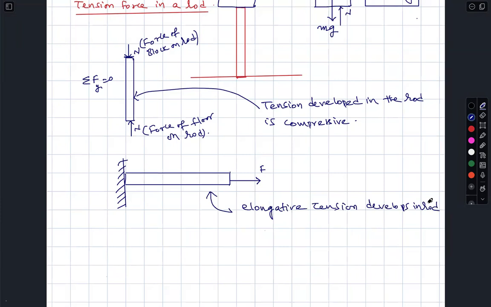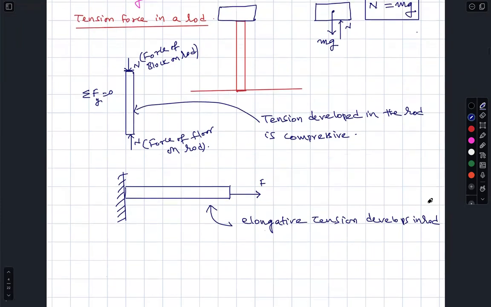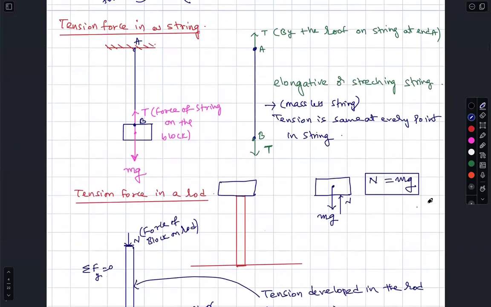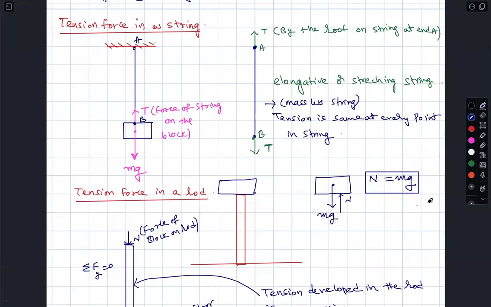So in a thin rod, compressive and elongating tensions are possible, whereas in a string, tension is always elongating, never compressive. Always the tension is such that it stretches the string.